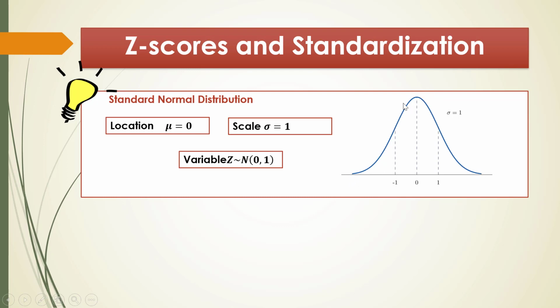For convenience of computation, usually for any general normal distribution, we will try to convert the general normal distribution to the standard normal distribution. That process is called standardization.